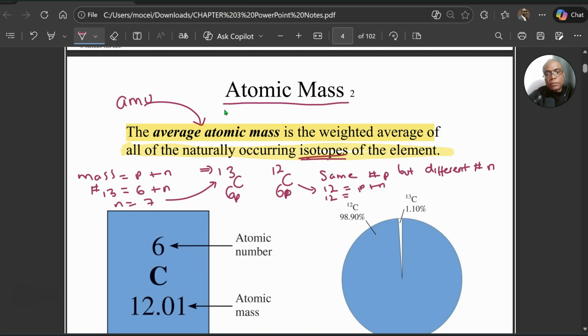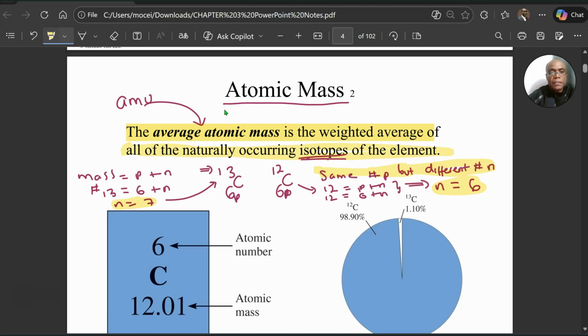So 12 equals 6 plus n. You find that the number of neutrons will be equal to 6. So carbon-13 has 7 neutrons, carbon-12 has 6 neutrons. That defines an isotope of carbon. Same number of protons but different number of neutrons, or same atomic number, different mass numbers.